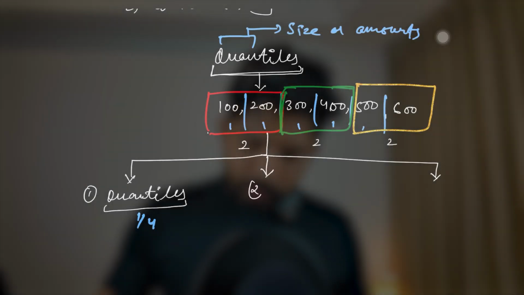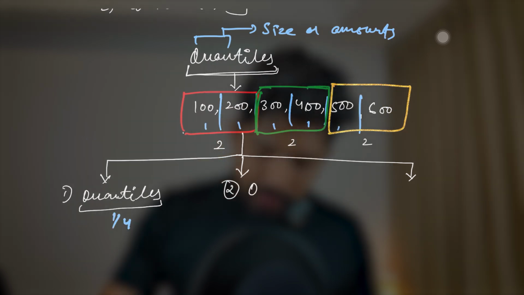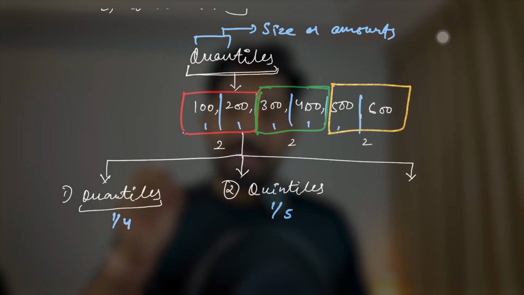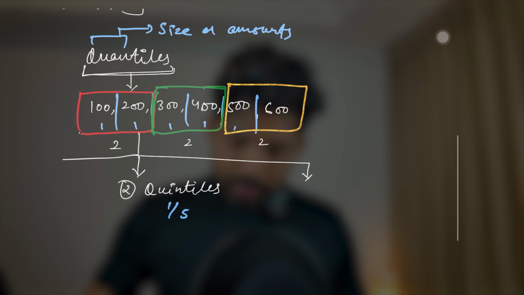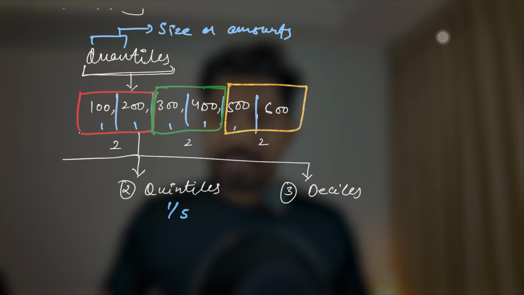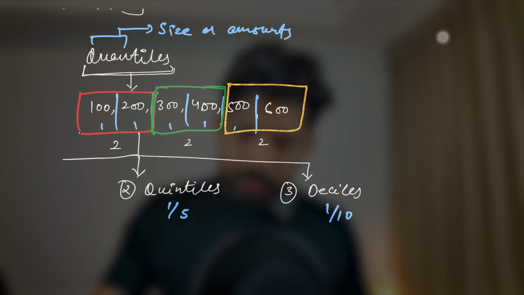Then we have the next, which is quintiles. When we talk about quintiles, it means we are dividing any data set into 5 parts. Next we have deciles. As the name signifies, we are dividing any data set into 10 equal parts.